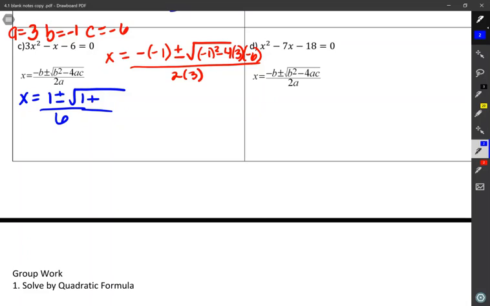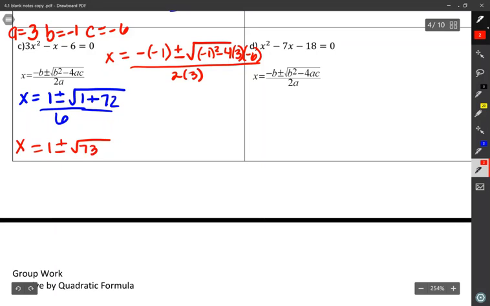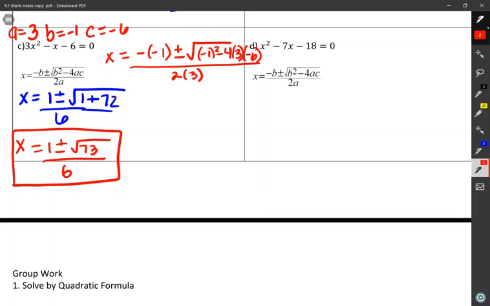Be careful with your signs because that's an easy place to get it wrong. Okay, and 73 doesn't reduce, so we're good.